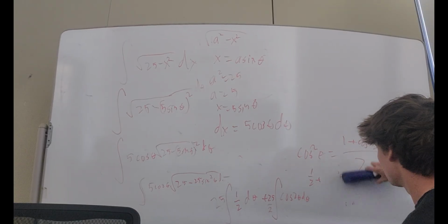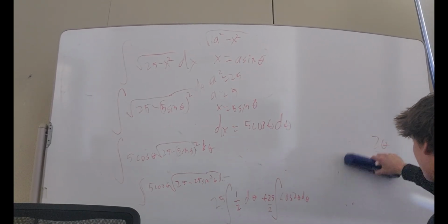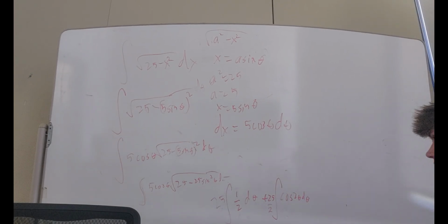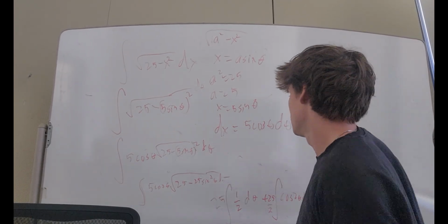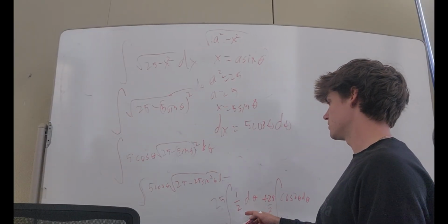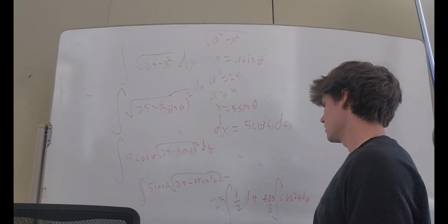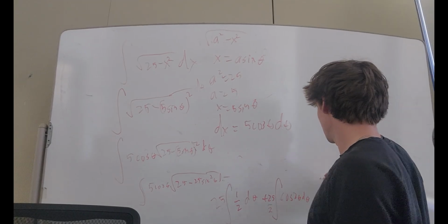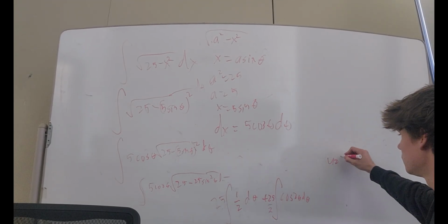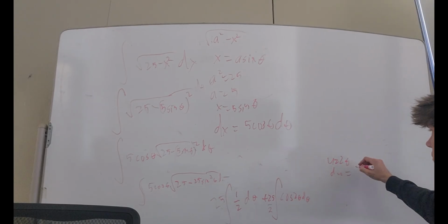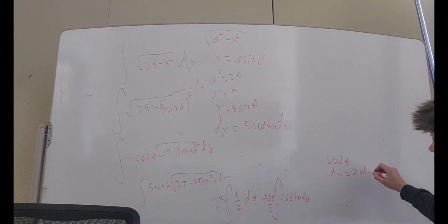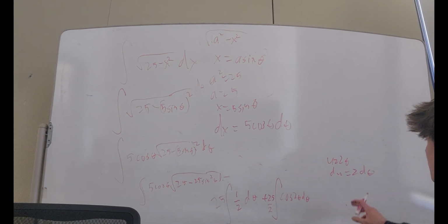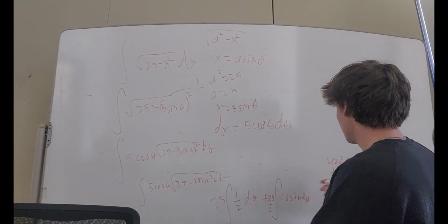And now the first part just turns into 1/2 theta, and this one we're going to do u sub. You set u equal to 2 theta, du is now 2 d theta, and so I'm going to bring another 1/2 out.